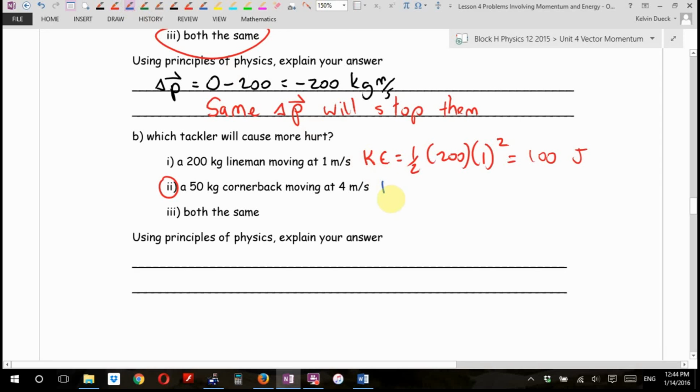What about this cornerback? Well, he's got a half times 50 times 4 squared. I can do that without a calculator as well. Dale, are you ready? What's 4 squared? What's half of 16? What's 8 times 500?